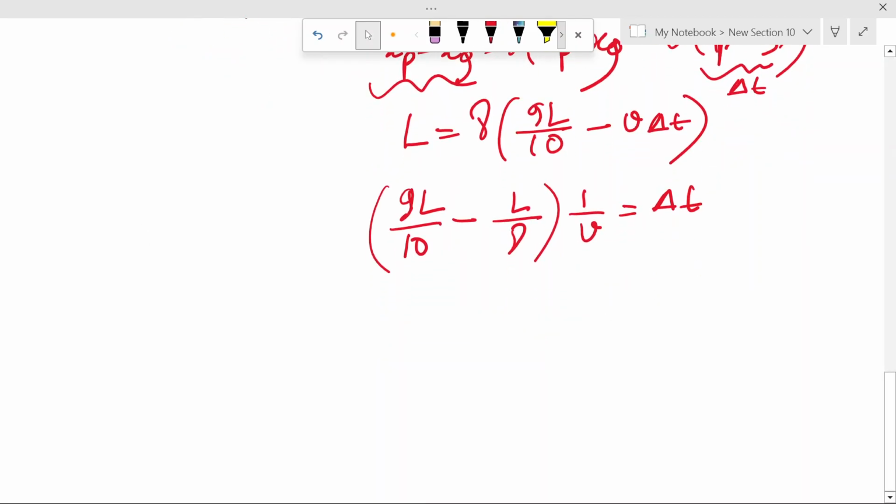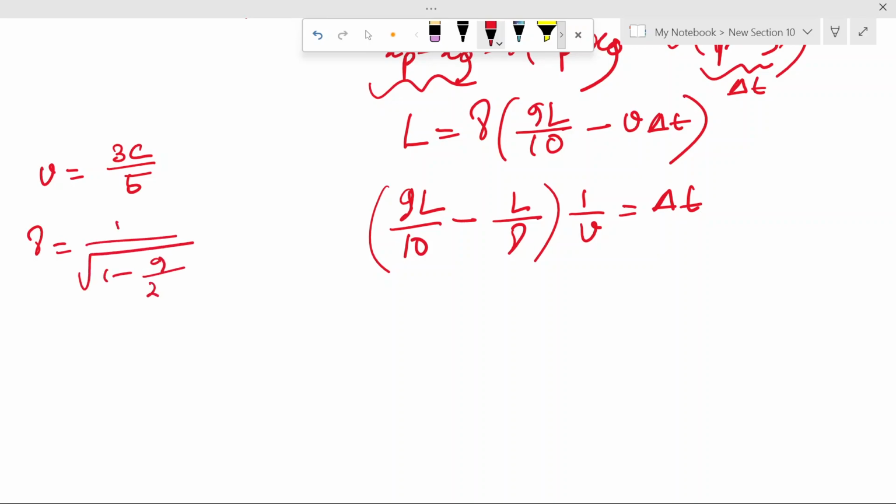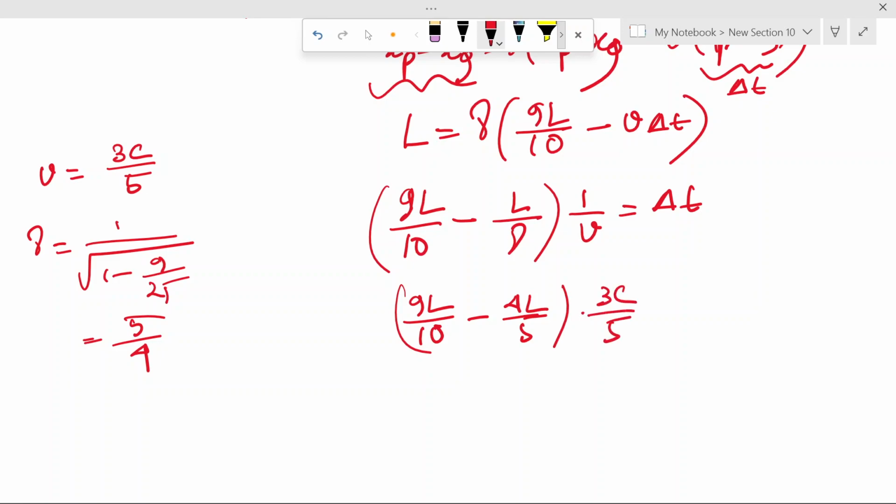V has been given as 3c by 5. So your gamma is 1 by root over 1 minus V square by C square. So it becomes 1 minus 9 by 25, so it is basically 5 by 4. So 9L by 10 minus 4L by 5, into 3c by 5, is equal to delta t.